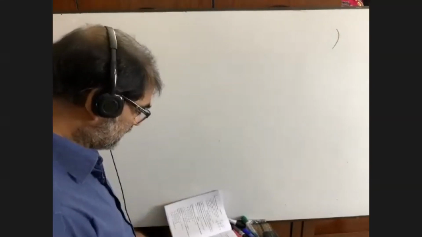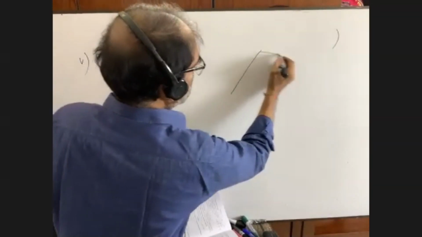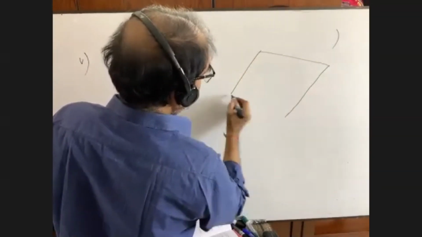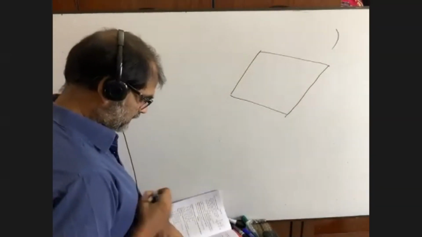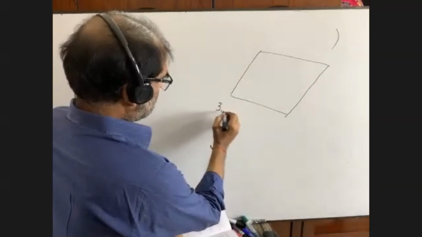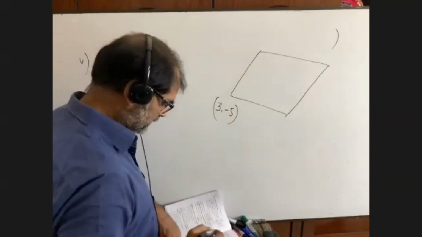Okay, anyway. Now, suppose it is a rhombus. Number 5, a math rhombus. Suppose it is a rhombus, okay? Now, it is 3, -5. It is 9, 10.